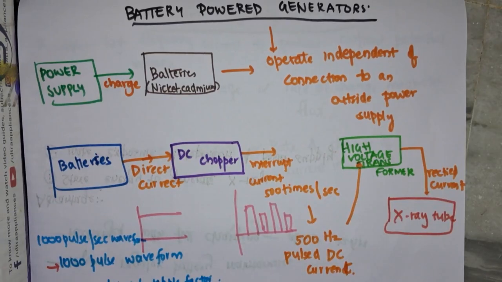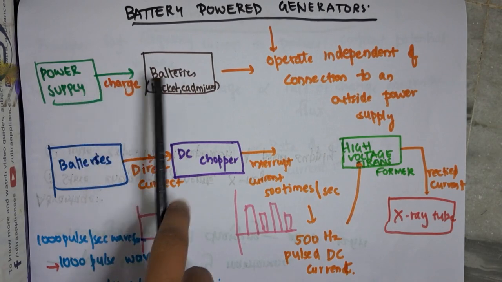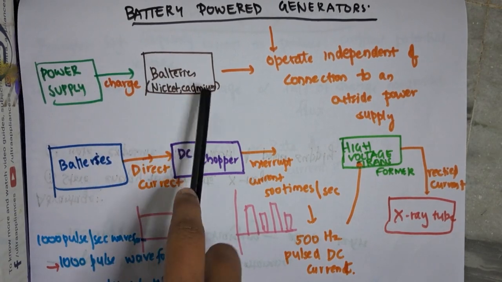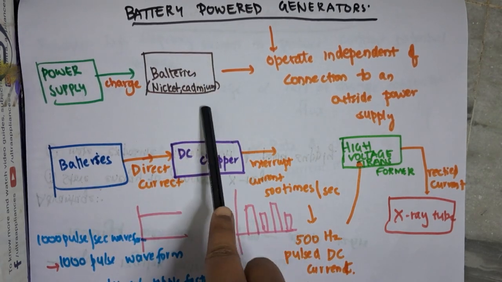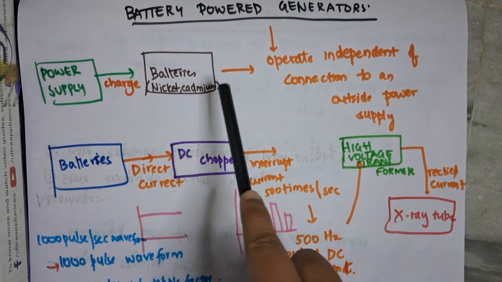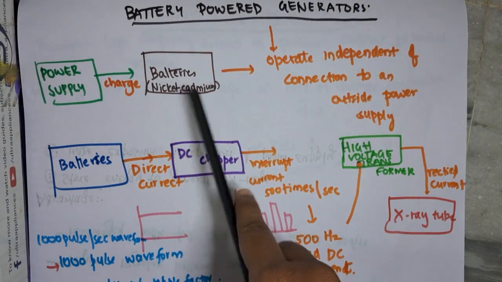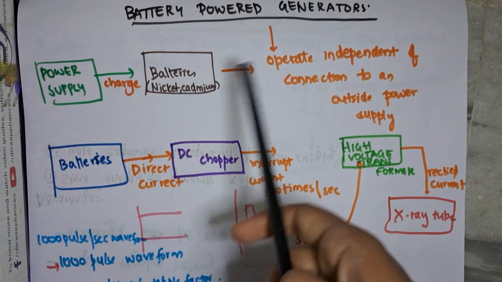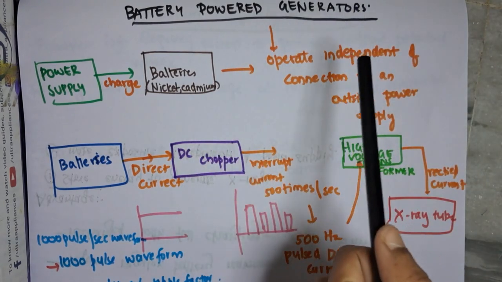These nickel cadmium batteries will operate independent of the connection to outside power supply, because once the batteries are charged, obviously they operate independent of the power supply, right? Like the batteries which we use in our house.